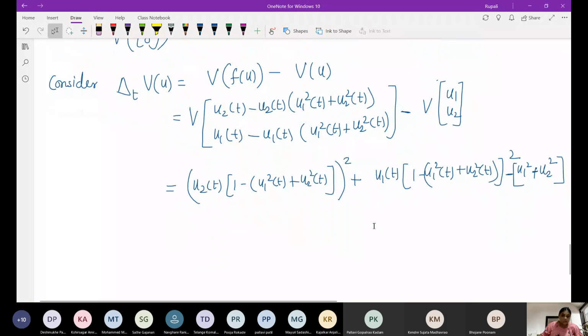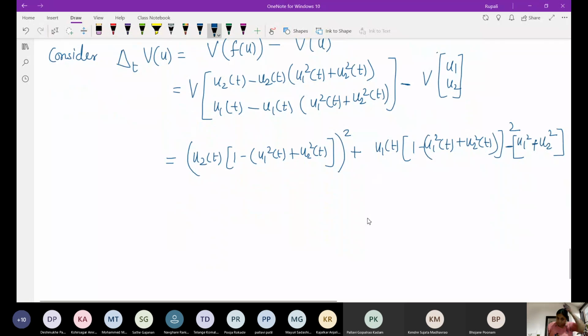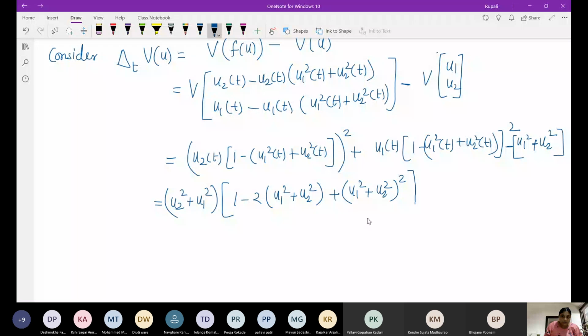If we simplify this, what will we get? Instead of t I am writing just u2 square plus u1 square, times 1 minus 2 times u1 square plus u2 square, plus 1 plus u1 square plus u2 square, bracket square, minus u1 square minus u2 square.